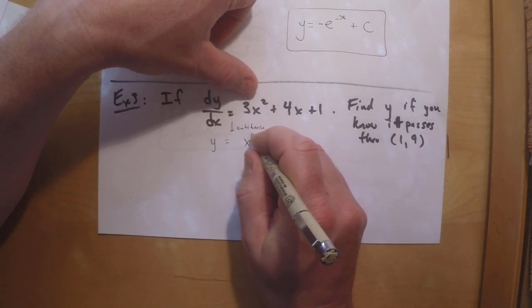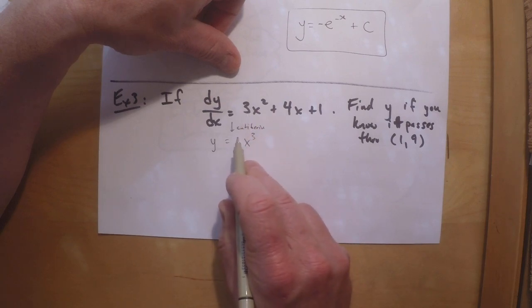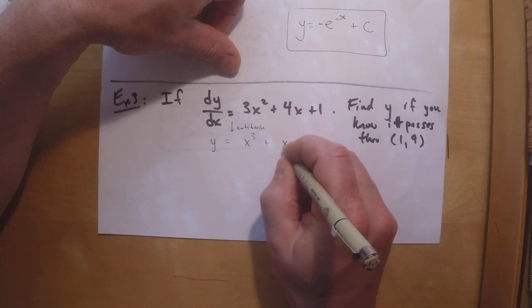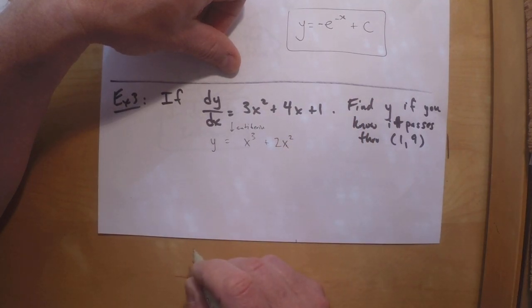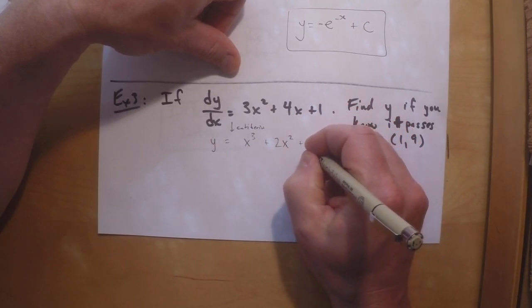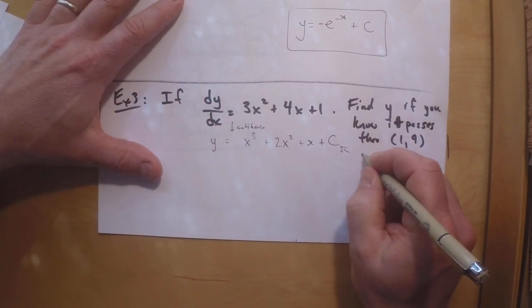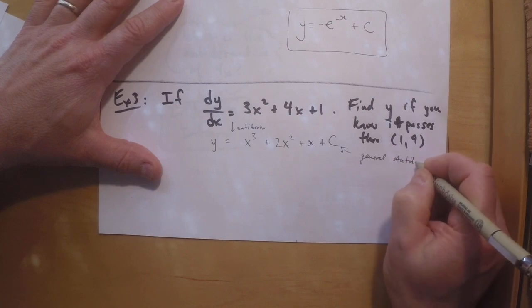Well, that has to be x cubed. That takes care of the power with the reverse power rule, and it takes care of the coefficient coming down. To get a 4x, you know it has to have an x squared. The 2 would have come down, but I need a 4, so I need a 2 there to multiply together to give the 4. And to get a 1, you need an x, and don't forget the constant.